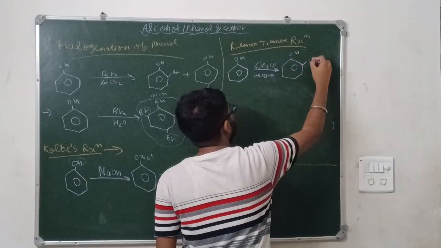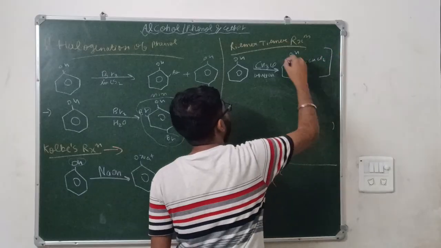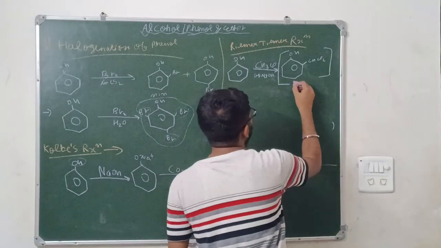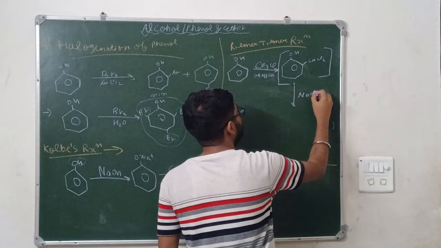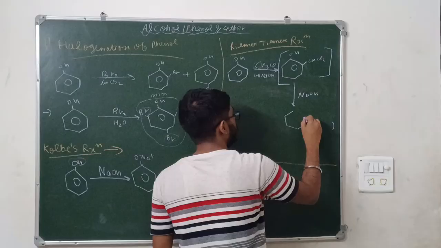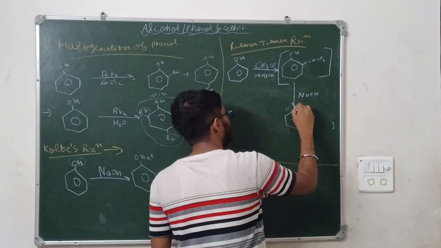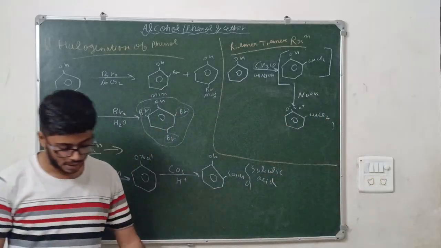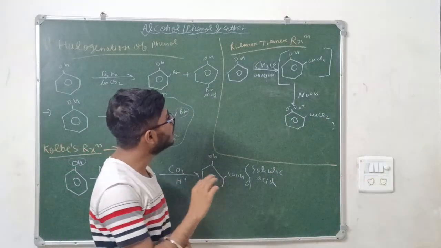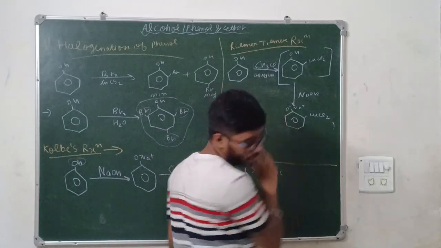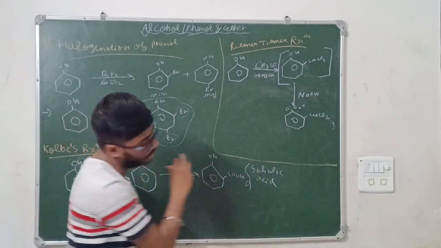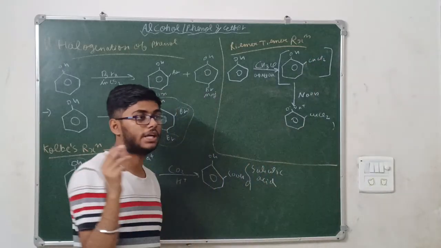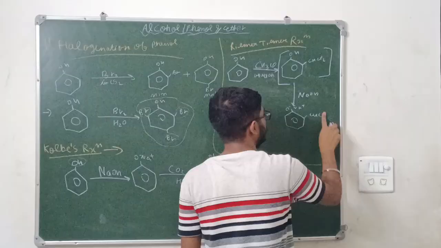This will add CHCl2. This is the intermediate. Now you will add NaOH here, so this will make O minus Na plus and CHCl2. This NaOH will hydrolyze CHCl2.